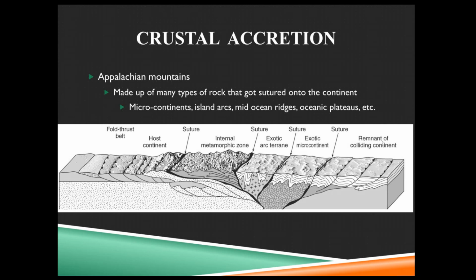Before you finally get to land that was part of the continent from the other side of the ocean that subducted. So we have North American continent, other continent, and a bunch of other stuff that was between them that did not subduct and get stuck into that mountain chain.